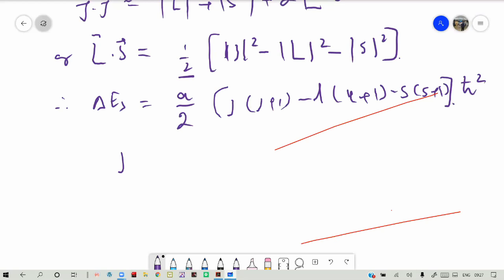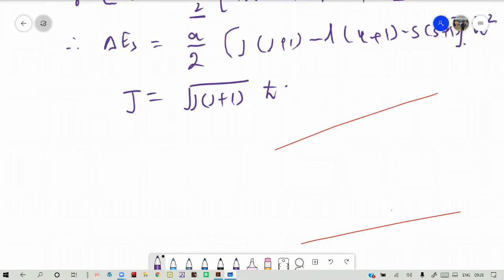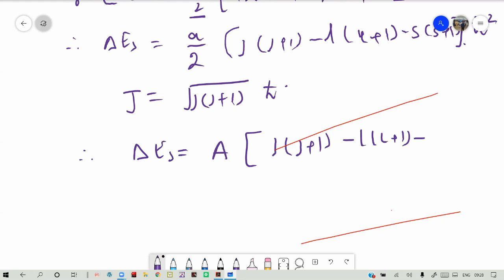We have used that mod J is equal to under root of J into J plus 1 times h cut. So I have incorporated all the constant terms, A by 2 and this h cut, separately into this capital A, uppercase A.